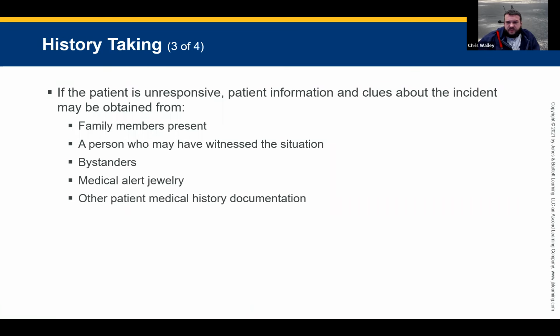Other patient medical history or documentation. Again, that's kind of why when I go and take care of elderly patients, I'll talk to them, but I go look in the refrigerator or on the refrigerator. Sometimes those things are just posted there. They're put on there with a magnet, and a lot of their medicines are kept in the refrigerator if they have to keep cold.